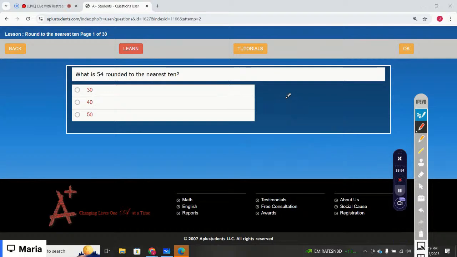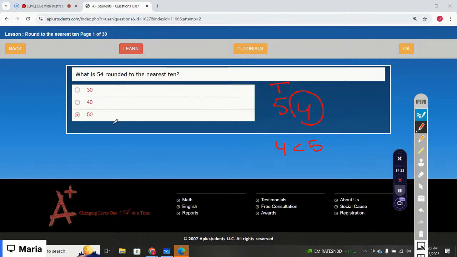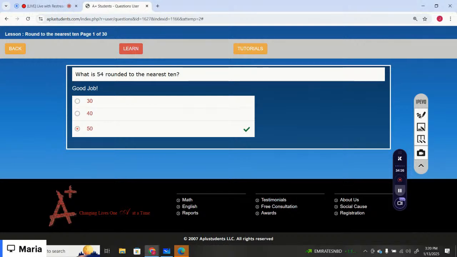You need to round it to nearest 10. That is the digit at the tens position, right? And here is the digit at the ones position, 4. 4 is less than 5. So it would be rounded off to 50. You need to round down, right? Because 4 is less than 5. Option number 3 is the correct option.